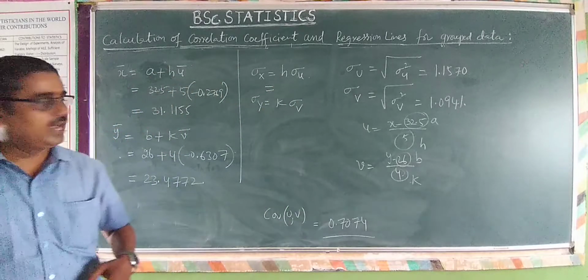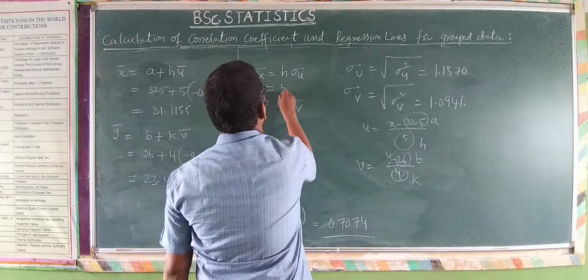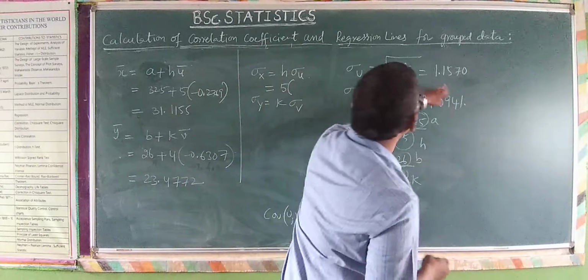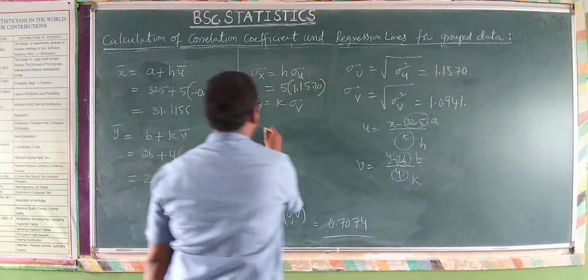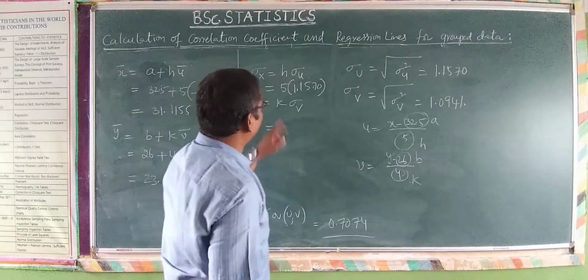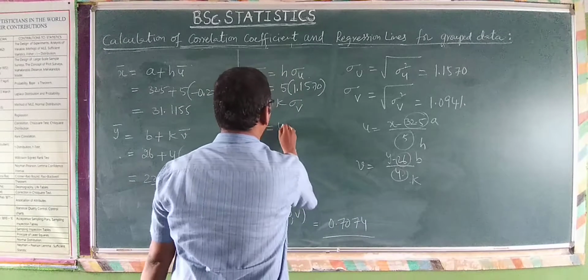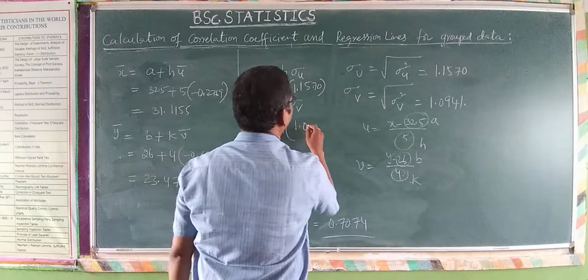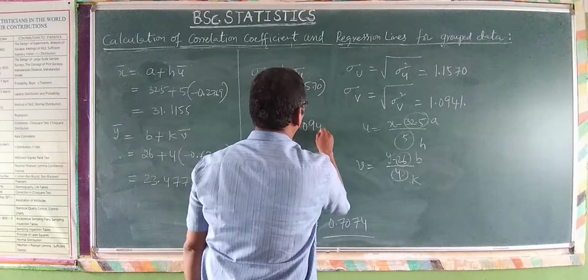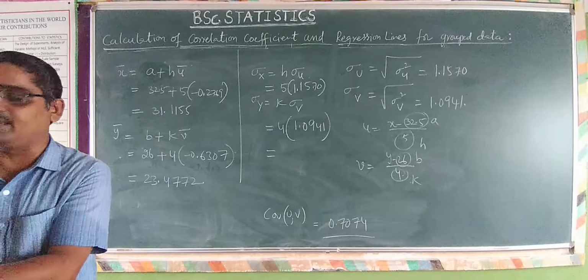So h is 5, so sigma x is 5 into sigma u. Sigma u is 1.1570. K is 4, so sigma y is 4 into sigma v. Sigma v is 1.0941.